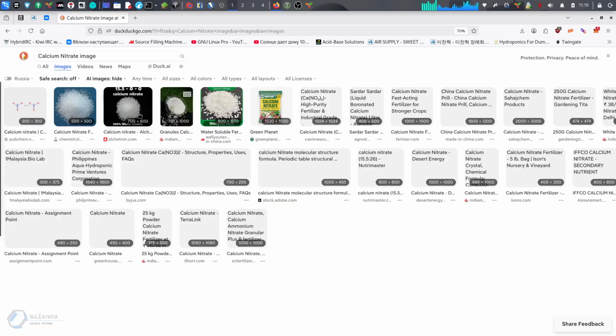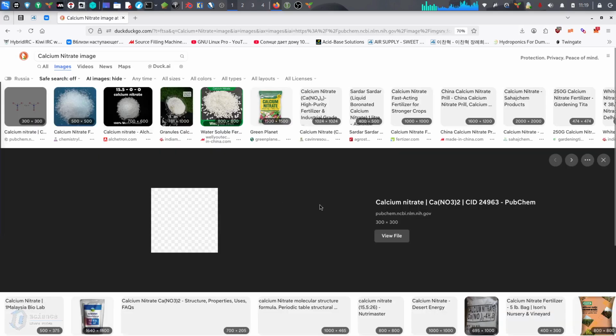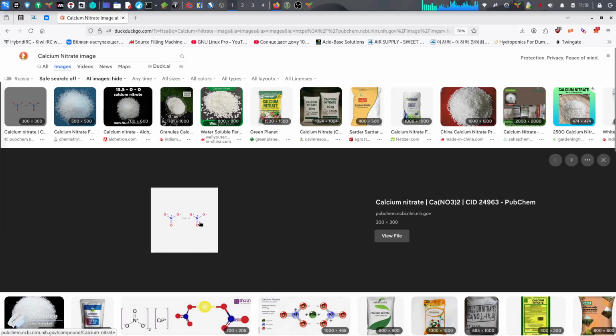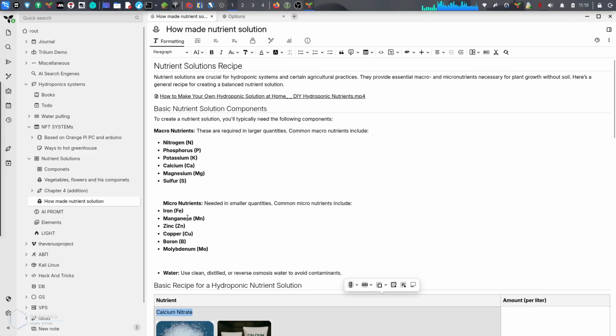Chemical representation. Calcium nitrate contains calcium, nitrogen, and oxygen. Nitrogen and oxygen are macronutrients. These nutrients contain macronutrients and micronutrients.